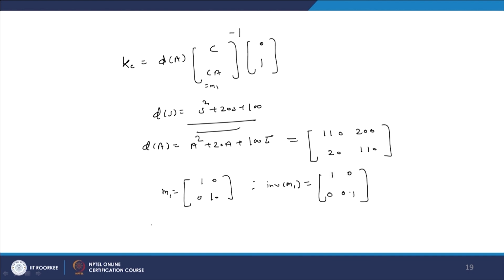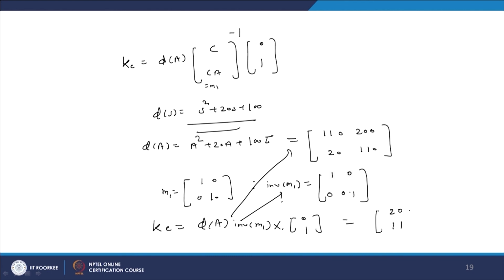And now this observer matrix Ke is nothing but phi of A which we determined here, then the inverse of m1 multiplied by 0 1, and if you do the calculations, what you will get? You will get the observer matrix Ke as 20 100.